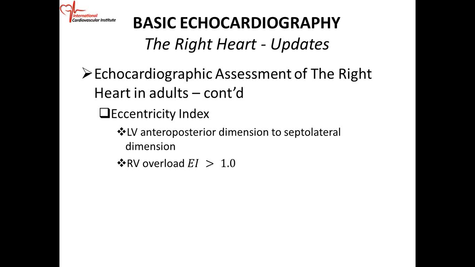You're just measuring the diameter from the anterior to the posterior, and the dimension from the septum to the lateral. That ratio should be 1. They should be the same dimension, so when you put one over the other, you get 1.